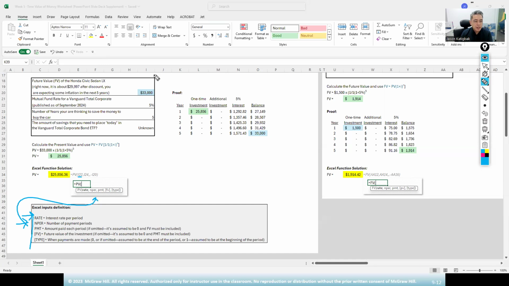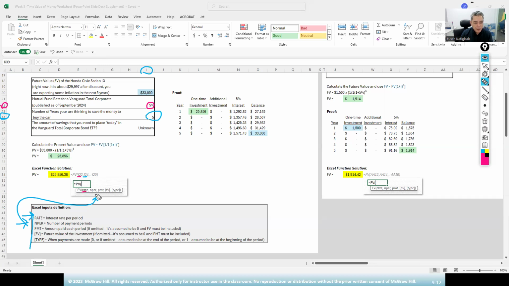I-24 is the 5 years, and I-22, which is the rate, is basically the interest rate.